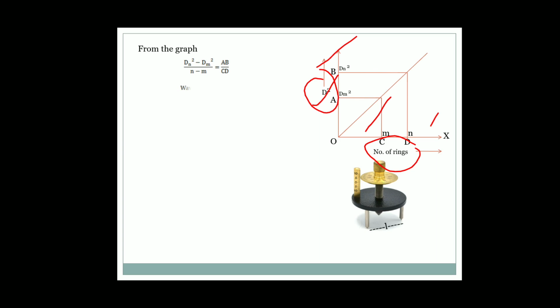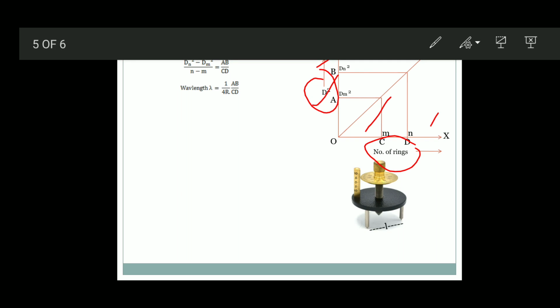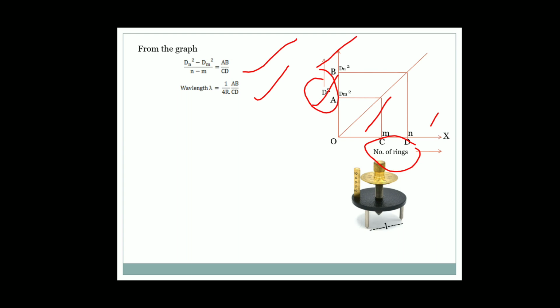Now from this diagram, Dn squared minus Dm squared is equal to AB and n minus m is equal to CD. So (Dn squared minus Dm squared) by (n minus m) is equal to AB by CD. From the previous slide, the wavelength lambda is equal to (Dn squared minus Dm squared) by 4 into (n minus m) into R. Substituting, wavelength lambda is equal to 1 by 4R into AB by CD.